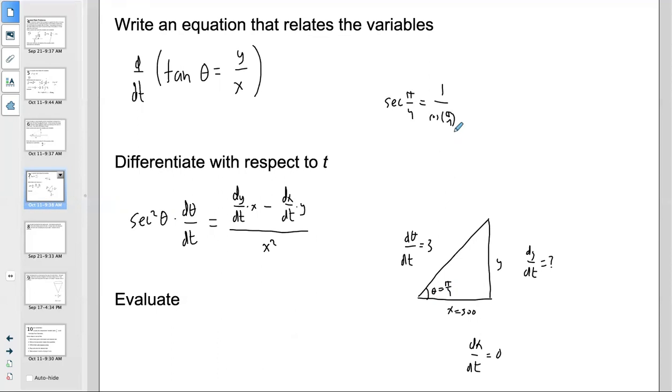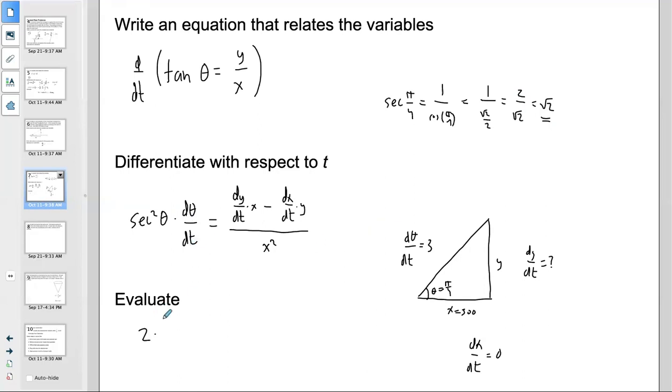Cosine of 45 is root 2 over 2. So this is 1 over root 2 over 2, which is you flip over the bottom and multiply by 1. So I get 2 over root 2, which is actually equal to the square root of 2, turns out. Secant of pi over 4 is square root of 2. You put in your calculator, you get 1.414 or something, but I don't want you to have that number. So I'm going to square this anyways because it says secant squared theta. And when I square this, I get 2.